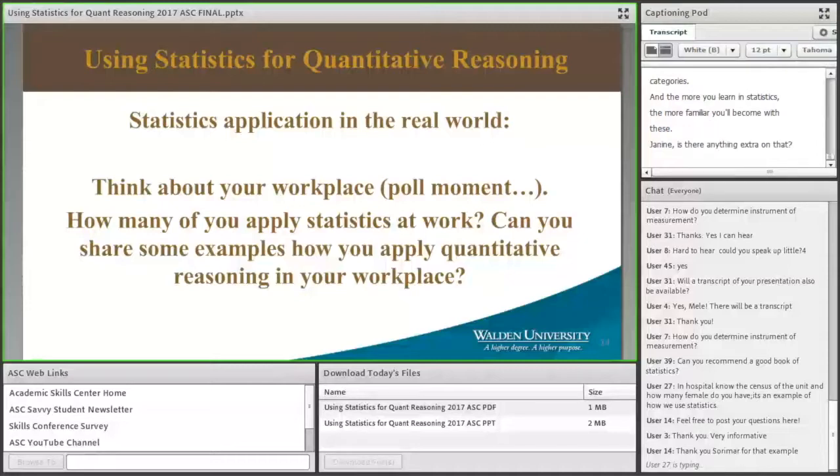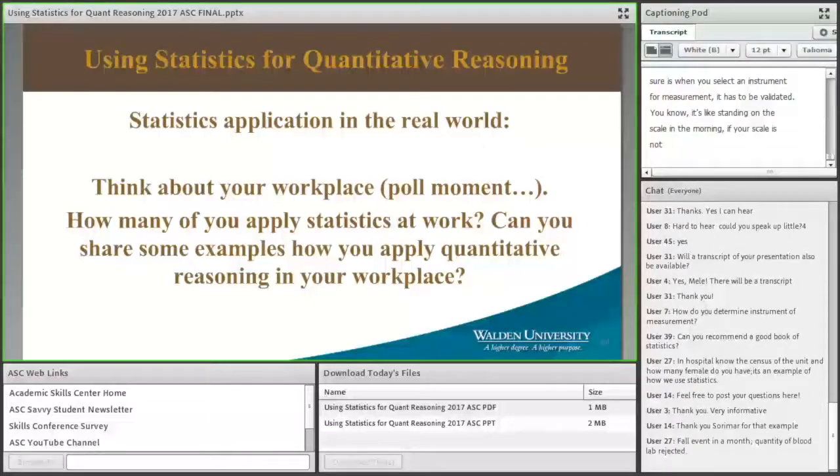No, I think you've covered it. The only thing you want to make sure of is that when you select an instrument for measurement, it has to be validated. It's like standing on the scale in the morning. If your scale is not set to 0 before you step on, then you're not going to get accurate results. The validation process for instruments is usually done by other researchers if you borrow or buy an instrument from other researchers. But if you develop or even change an existing instrument, you would have to go through a process of validation.